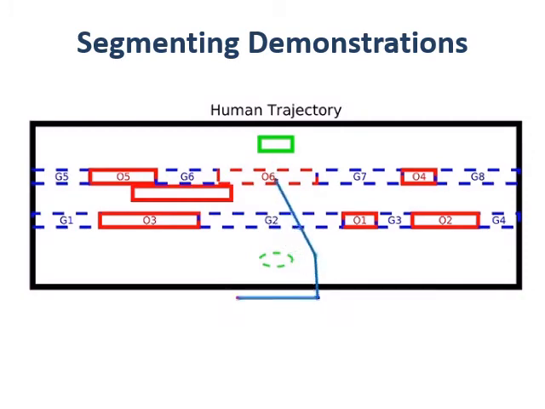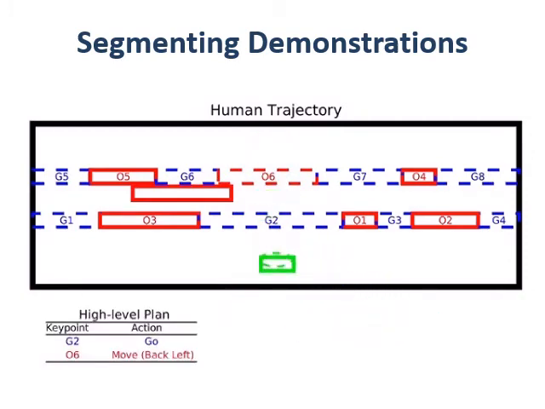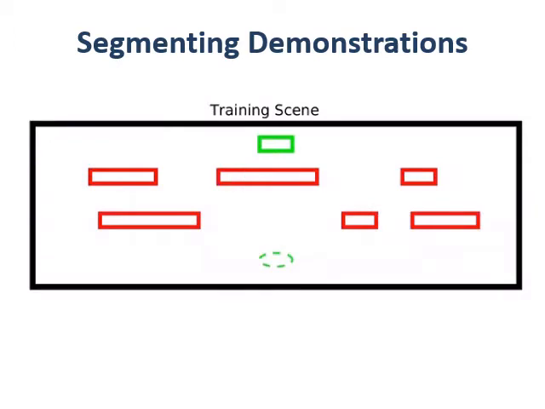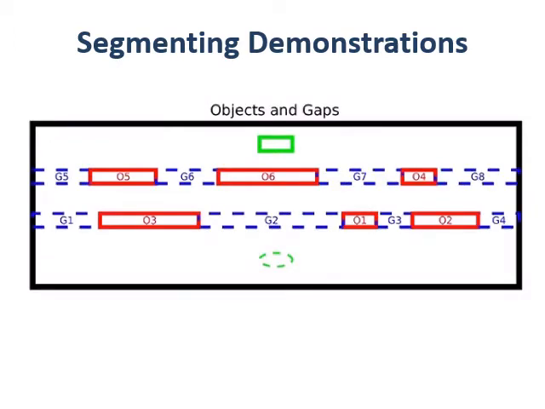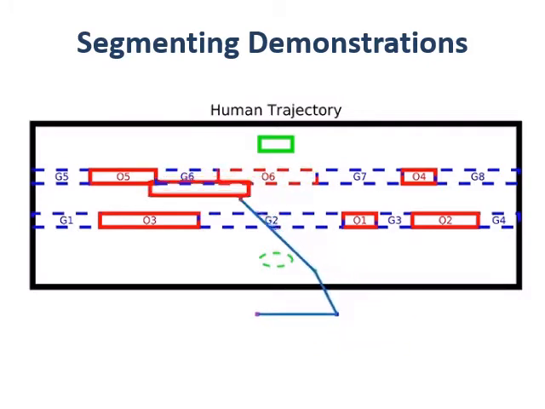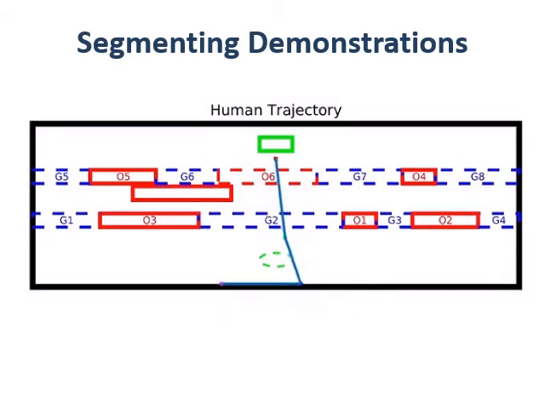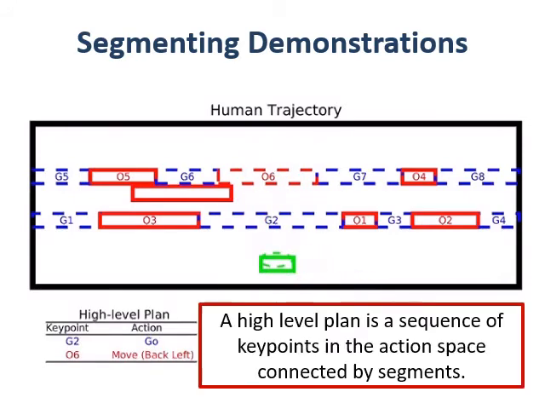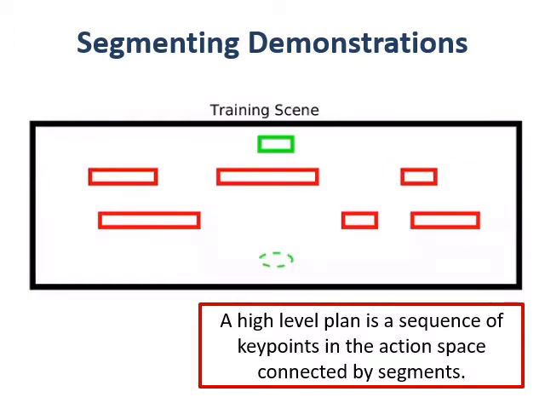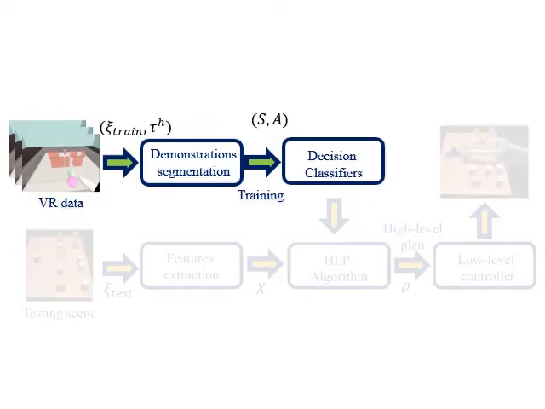We can see that in this case, the participant decided to go through the gap G2 at the first row and move the object O6 at the second row. And this is the high-level plan, which is a sequence of key points in the action space connected by segments.